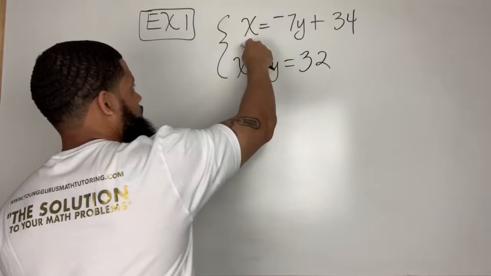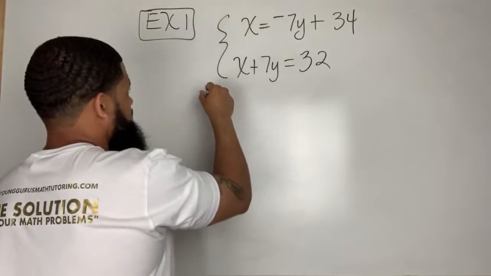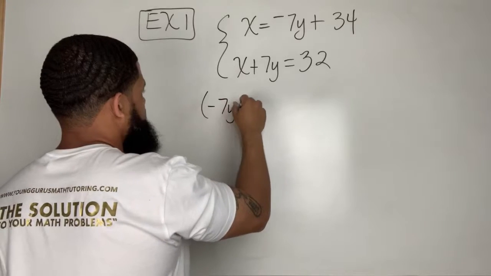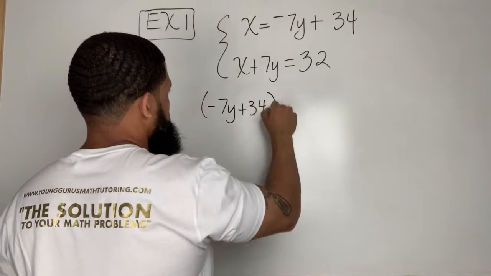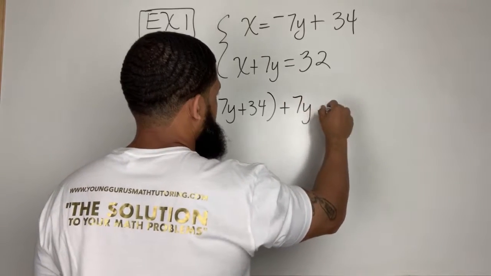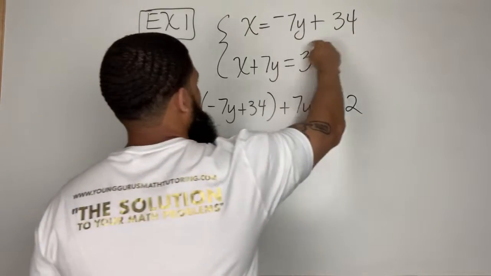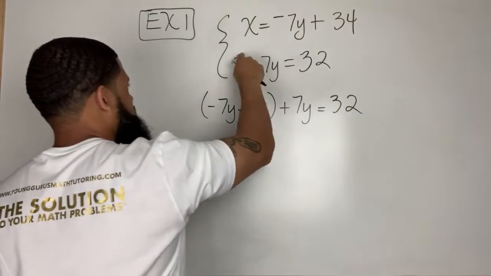All right, well, x is already solved, so I'm going to simply say negative 7y plus 34 plus 7y is equal to 32. All I did was take this right here and substitute for x.